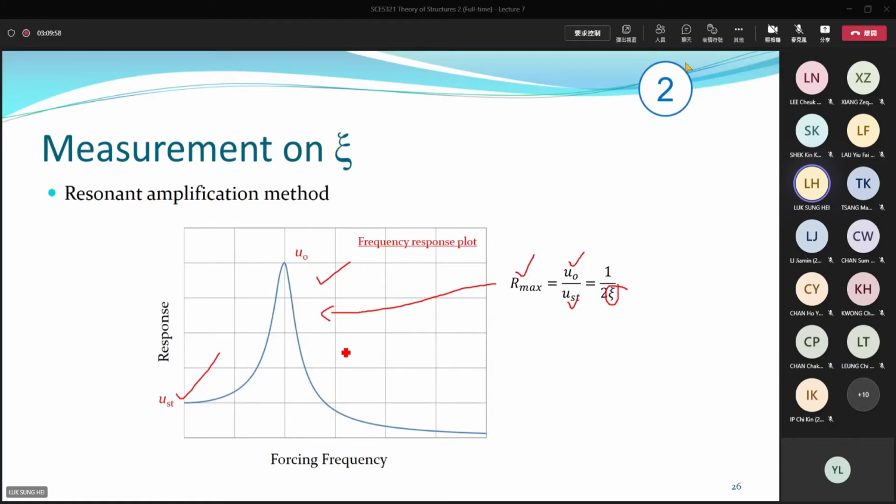This method is called the resonance amplification method. It uses the results at resonance and at static to evaluate the damping ratio, so you require 2 points.